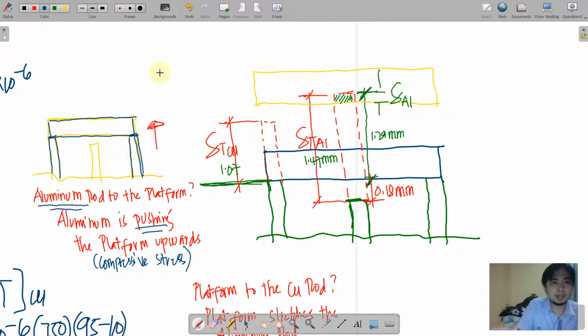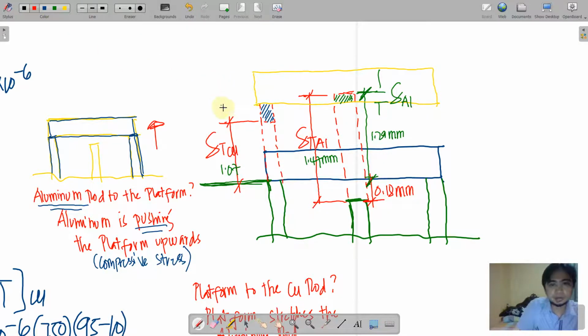That is why we are going to have a line that extends to the platform since this is actually attached to it. Okay? And shade that one. And this portion now is a stretch due to the push or pulling of the copper upwards. Okay?